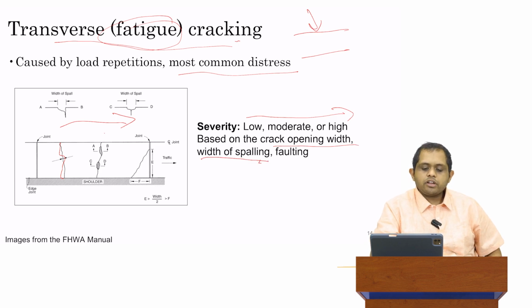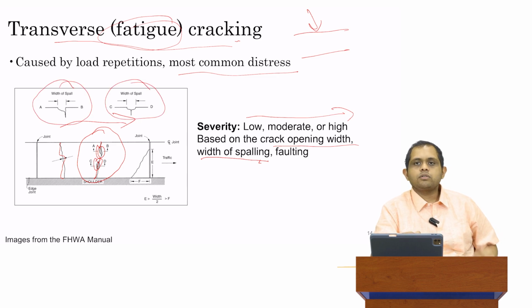So in the diagram, this is the crack, and then around it, you can have some area where more material is lost, which is called spalling. And then you can measure the width of the spalling as the widest distance between the 2 points where material is lost. And also on faulting. So you have a crack here, and on either side of the crack, you can have some amount of differential deflection, which in turn generates faulting.